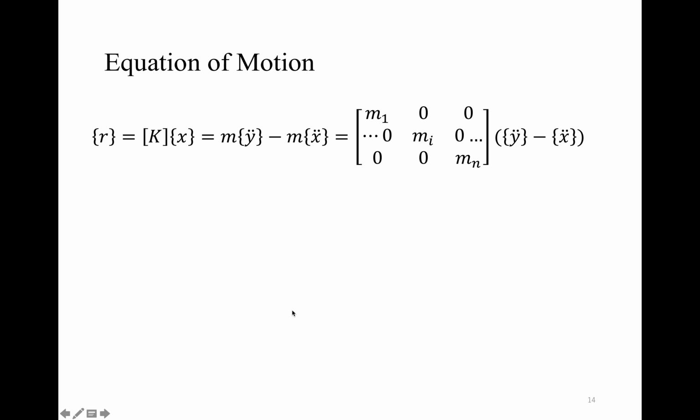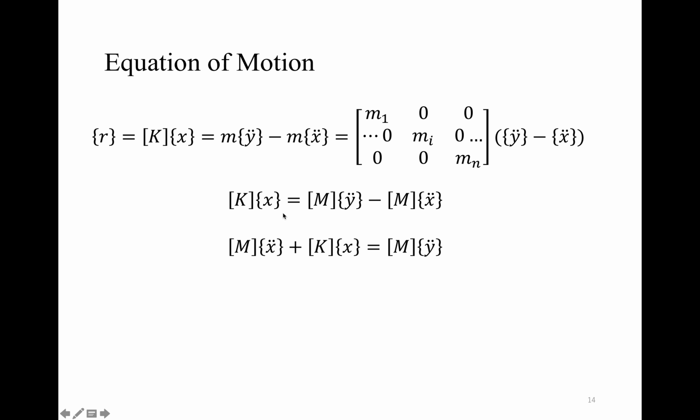Okay, so for the equations of motion, we can get the M matrix like this. This side will be the restoring force, which is K multiplied by X, and this side is the acceleration multiplied by the mass matrix.